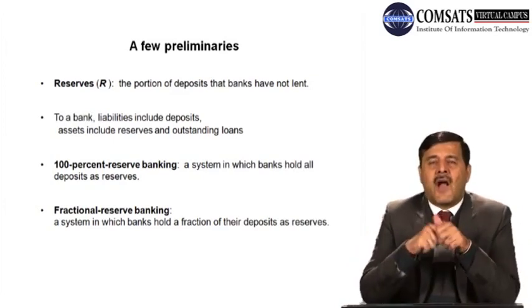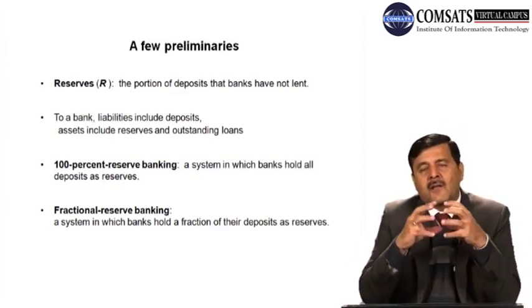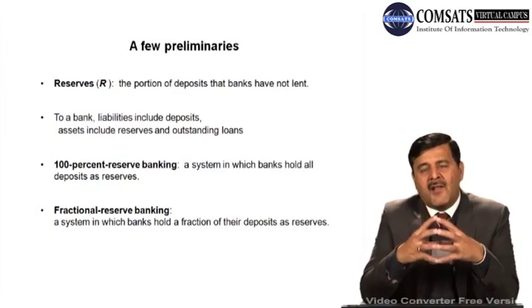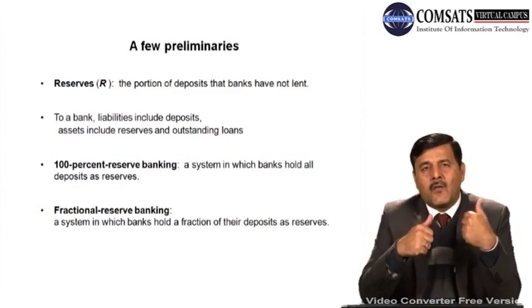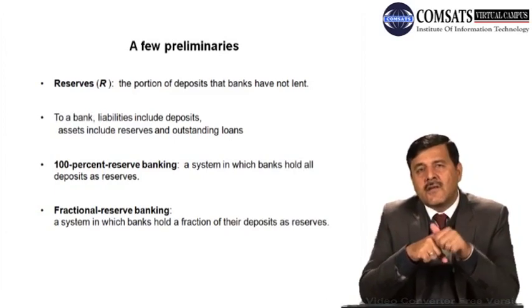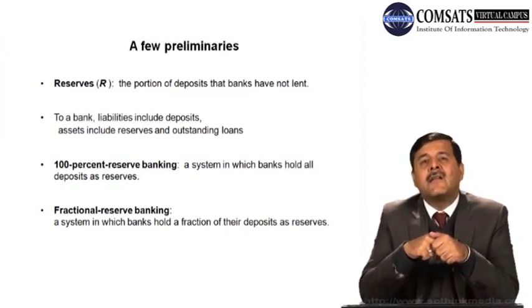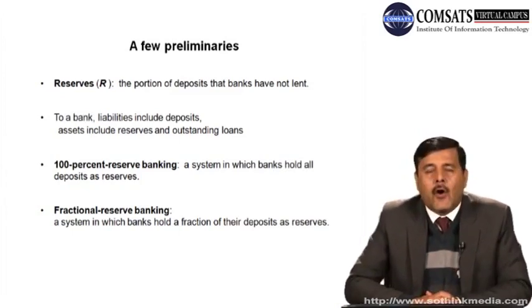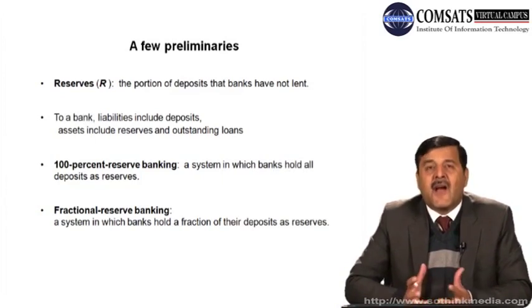So a particular bank has two things. On one side they have liabilities in the form of deposits. On the other side they have assets that include reserves and outstanding loans.